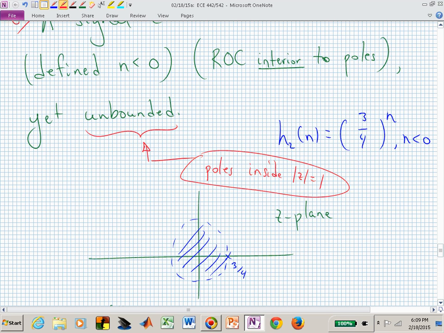Then you take 3/4 to the minus 2. So take 1 over 3/4 squared. And you should get 16 over 9 at minus 2 for n. Is that making sense? So it should be getting bigger as n gets more and more negative.